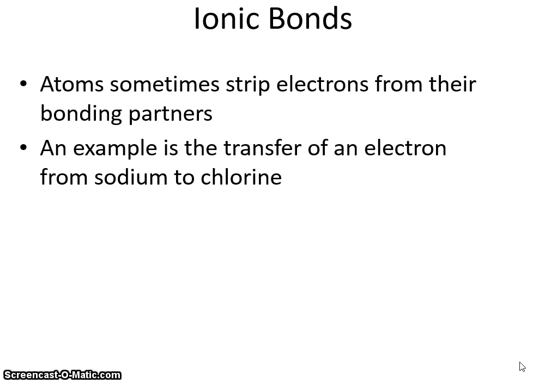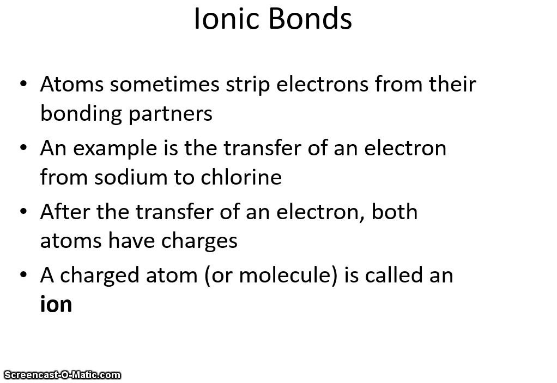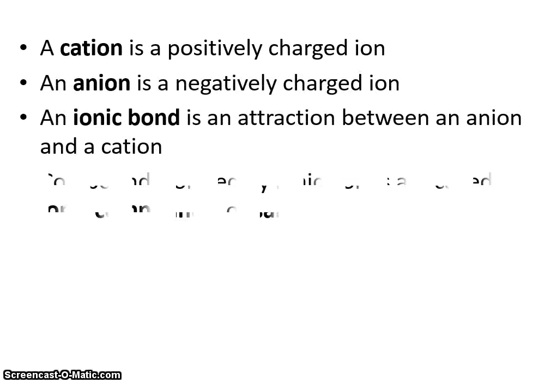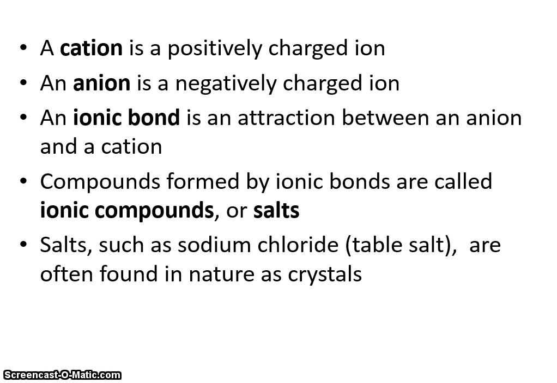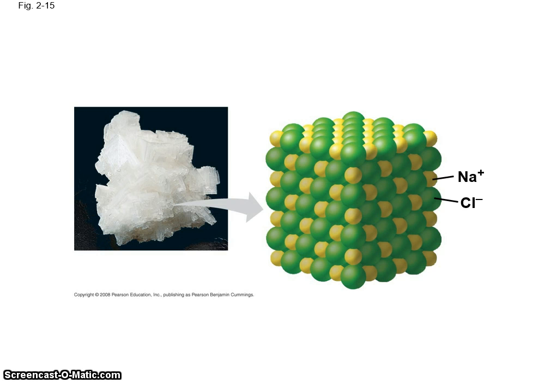Notice I said molecule for covalent and compound for ionic, and that is because ionic bonds typically result in compounds, or what we call salts. Rather than just having 1 sodium and 1 chlorine ion attracting to each other, we typically see lots and lots of sodiums and chlorines forming together to form this type of salt.